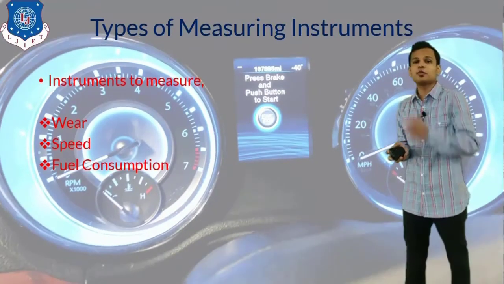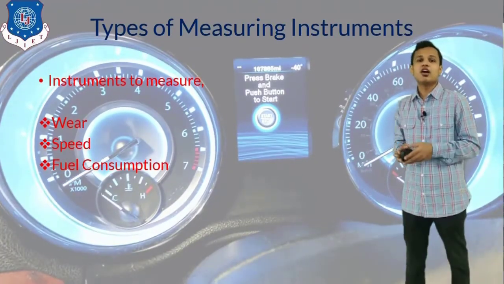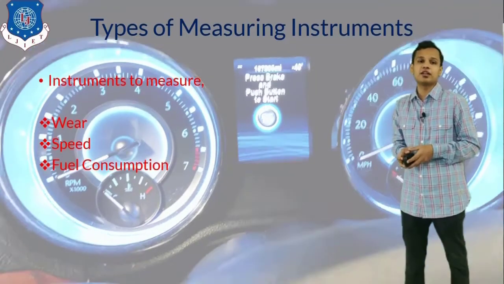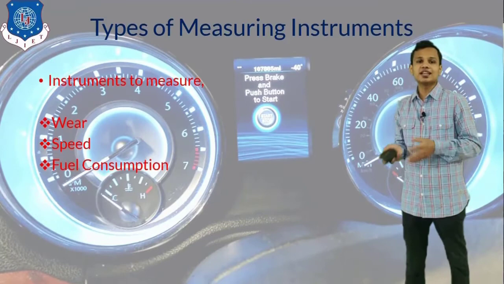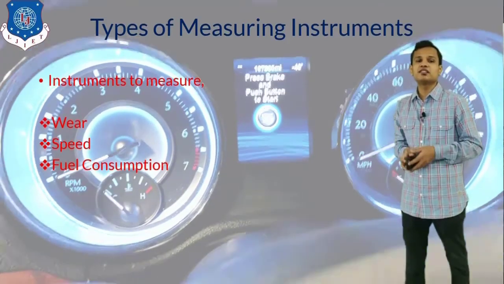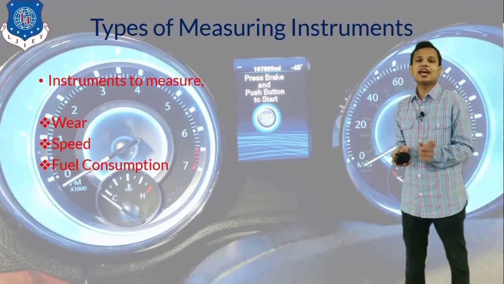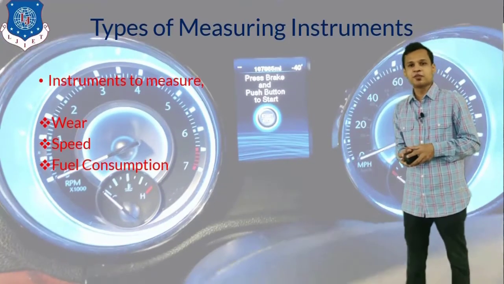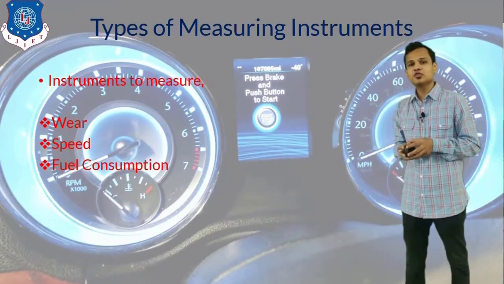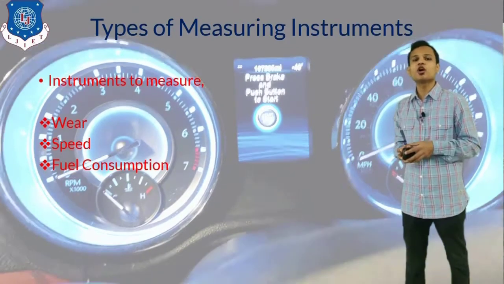Whenever the piston reciprocates in the engine, it creates friction, and because of that wear happens. Due to the wear, the size of the cylinder changes, the size of the piston changes, and with that the clearance between them changes.